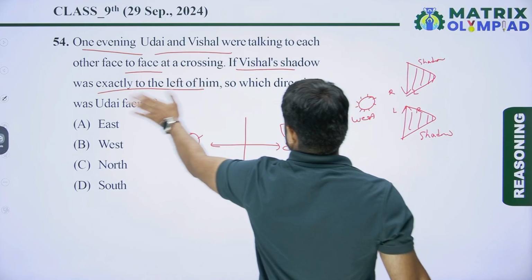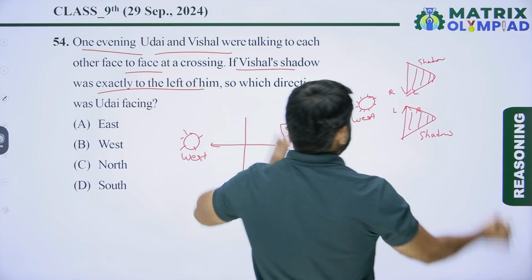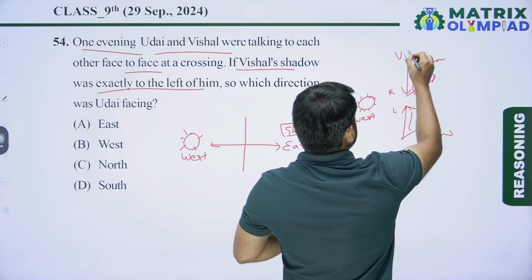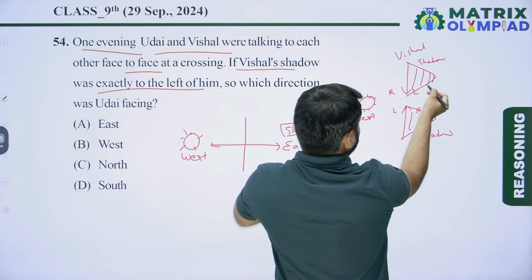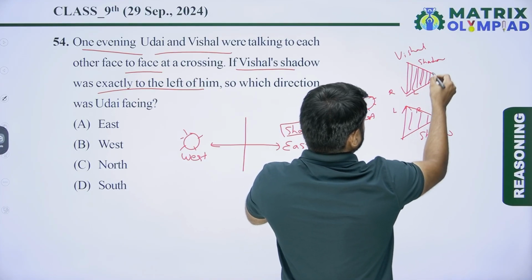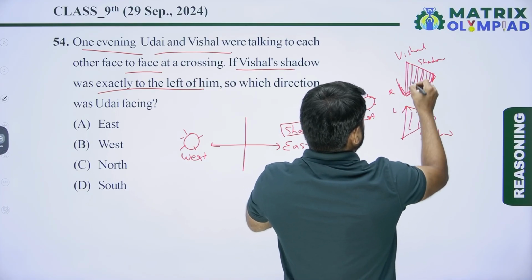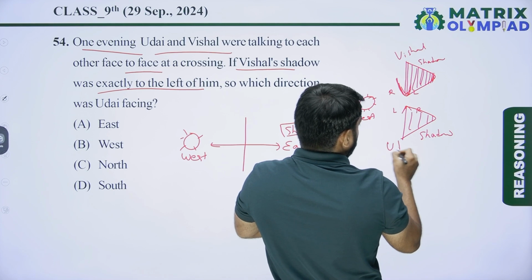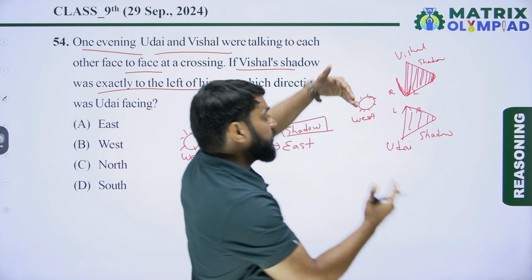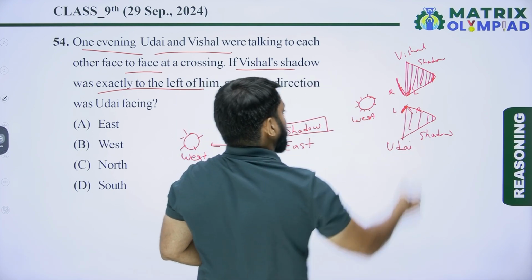Now Vishal's shadow was exactly to the left of him. So here is Vishal. Now this is Uday, because they are talking to each other.